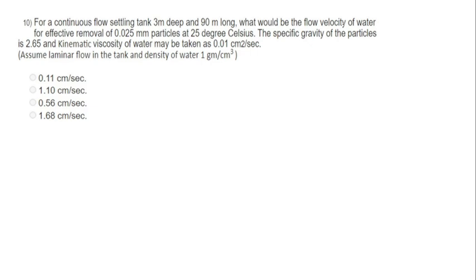The specific gravity of the particles is 2.65 and the kinematic viscosity of water may be taken as 0.01 centimeter square per second. Assume laminar flow in the tank and density of water as 1 gram per centimeter cube. Okay. So now the only difference here is instead of viscosity, they have given you the kinematic viscosity. You cannot take this viscosity directly and solve the problem. Then your answer will be wrong.